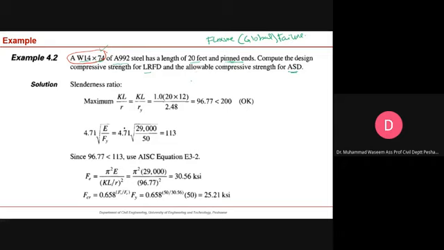If you remember, the nominal strength is a function of the critical stress. You need to calculate the critical stress and you need to know the gross cross-sectional area. The gross cross-sectional area you can simply find from the AISC manual.